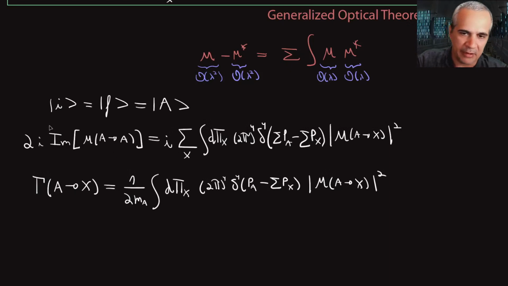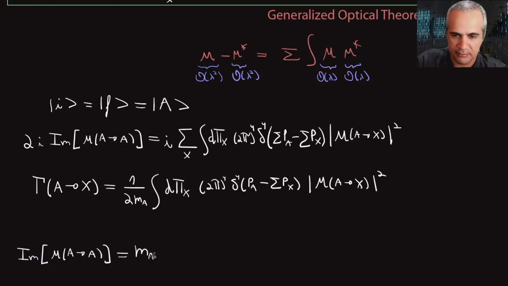And that means I can rewrite this imaginary part of the one-to-one transition as the mass times the sum over all possible final states, because I have this sum right here, of the decay of A to X. There's a factor of 2 here, and the i's eliminate right here.